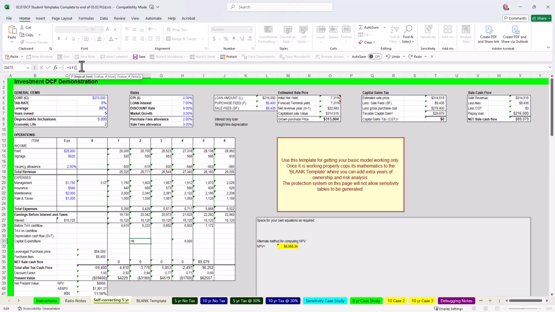Now the logical test is going to be to see whether the fraction or multiple you get when you divide the year you're in by the economic life, I'm going to F4 that, I'm going to absolute it.